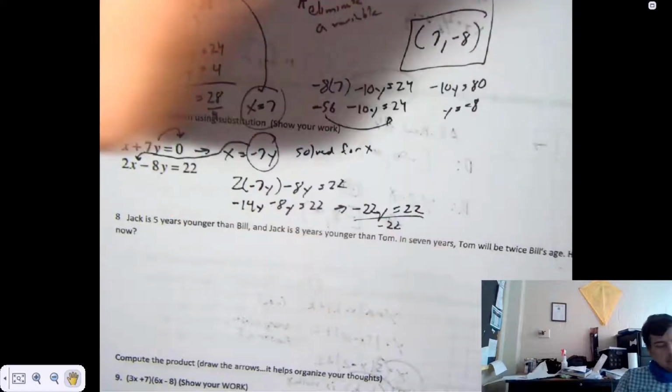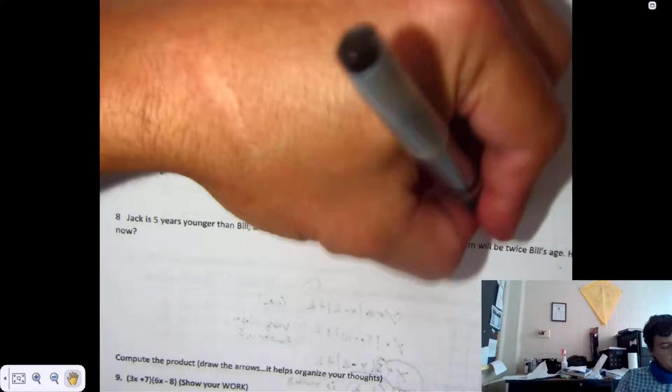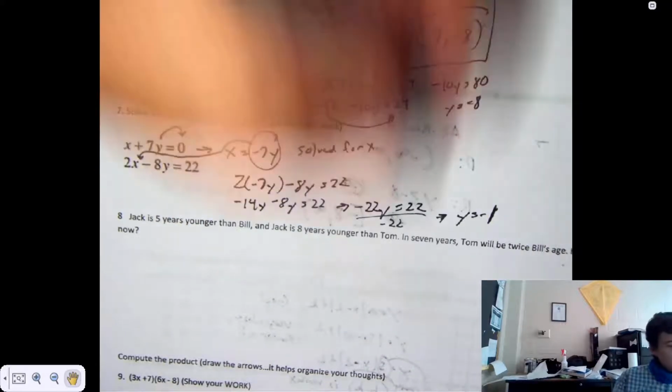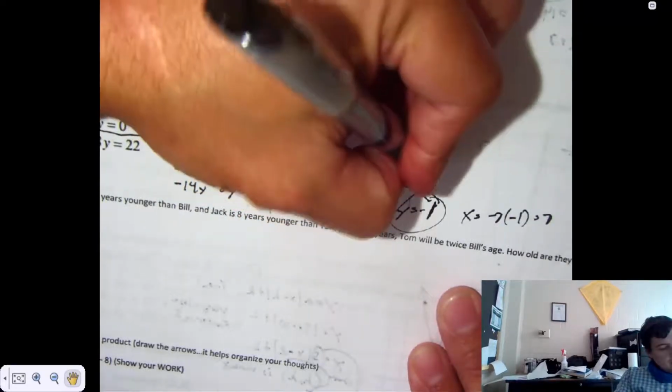And if you don't know what you're doing at that point in time, seriously, kids, just wake up. Y is negative 1. I don't know why I wrote negative 8. It's negative 1. And I'm going to take that value and put it right there. X is a negative 7 times a negative 1, which is 7. So my ordered pair is going to be 7, negative 1.